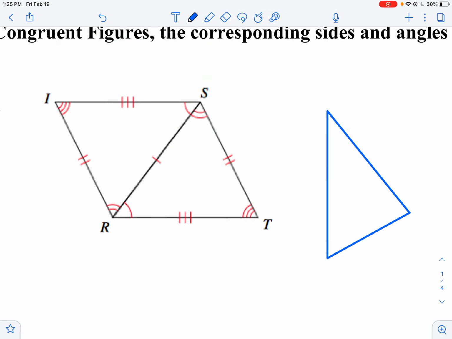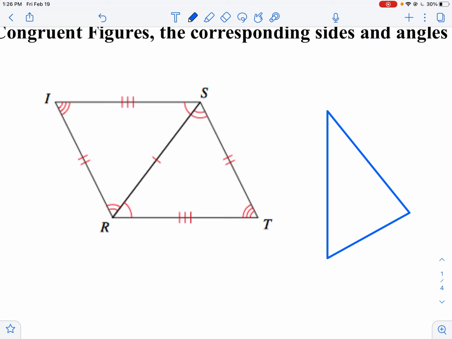For example, I could look at my angle markings and tell that I and T are going to be corresponding and congruent because they both have 3 marks in them. So if those have 3 marks, they're corresponding and they are congruent, which means that they're the same exact number.